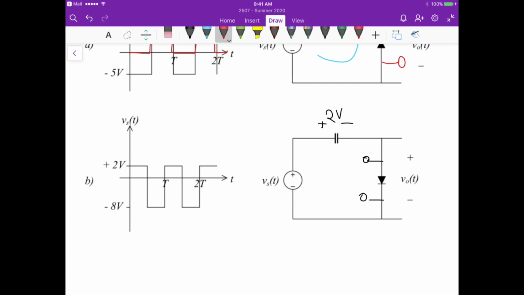The output voltage that we would observe is just minus 2 plus the voltage Vs. So it's going to be something like this. Okay, so this is minus 10 volts.